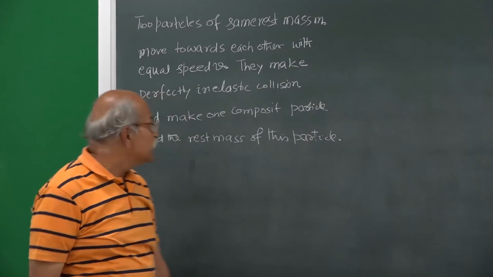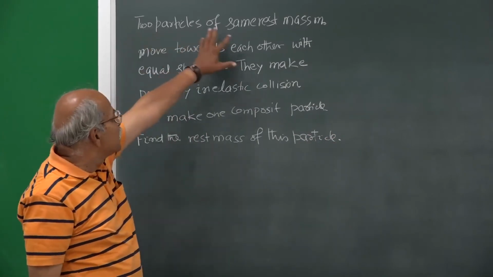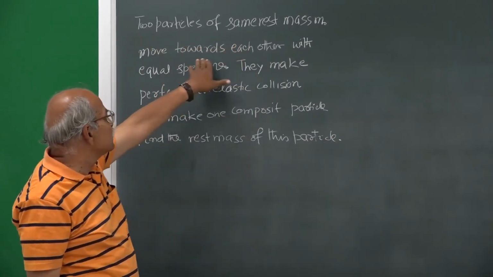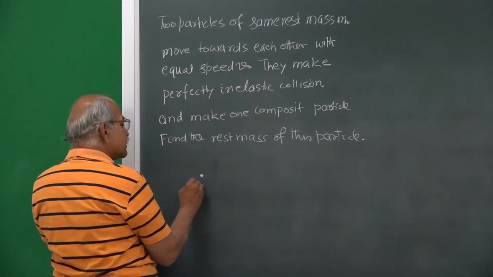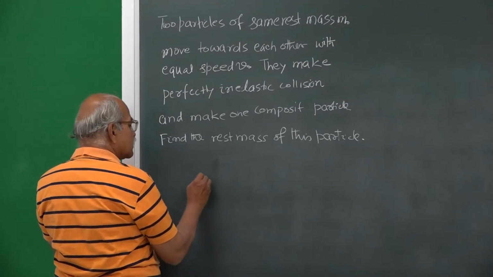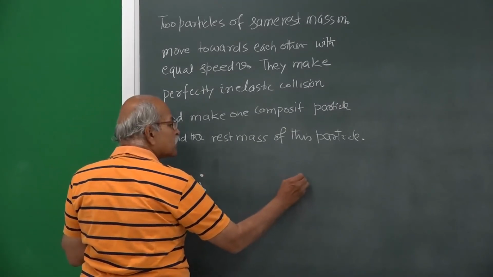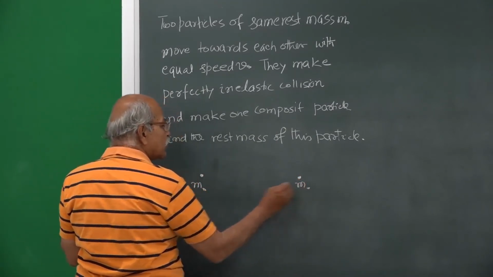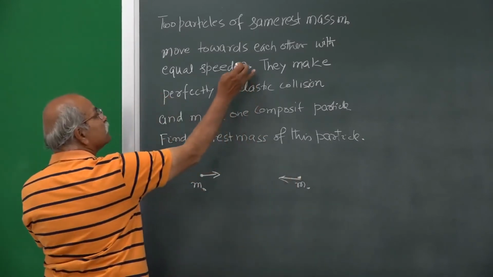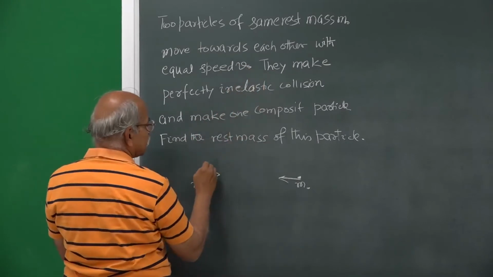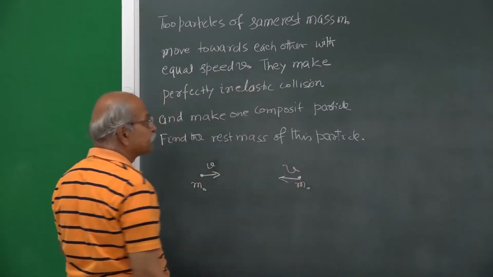So, what is the situation? Two particles of same rest mass m naught move towards each other with equal speed v. So you have a particle here with rest mass m naught, and another particle of same rest mass, and they are moving with same speed v. This is v and this is v.